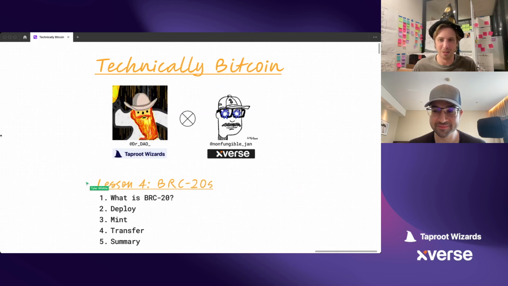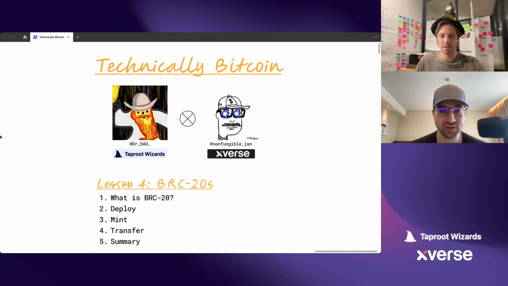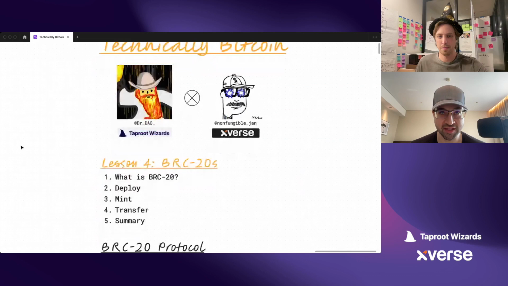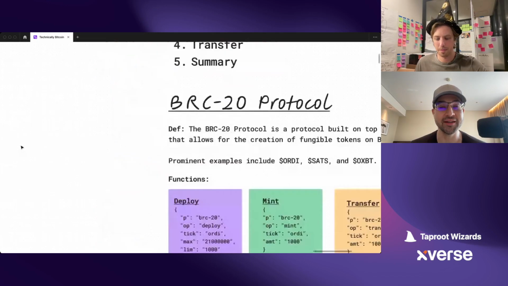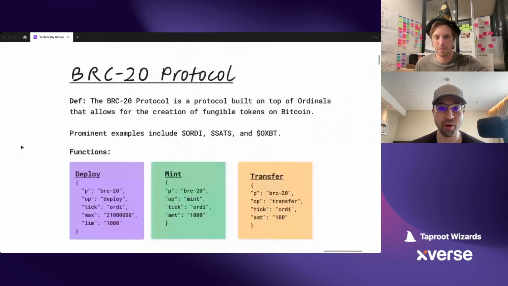Really excited to be here with Jan today, talking about what the BRC-20 protocol is. BRC-20's Domo, the creator of the protocol, launched this, I believe, in March 2023. So it is a while ago. But since then, it really popped off.